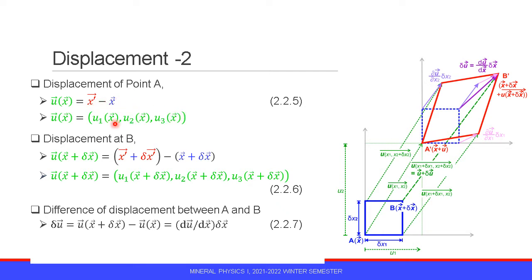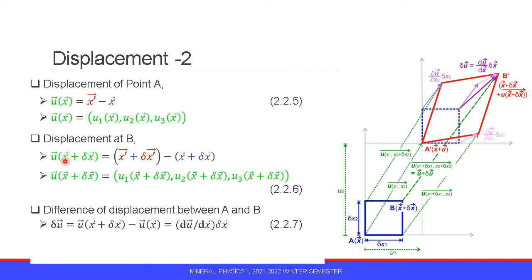Then the displacement of the point A is expressed using components u sub 1, u sub 2, u sub 3, and each component is a function of the position x. This one.